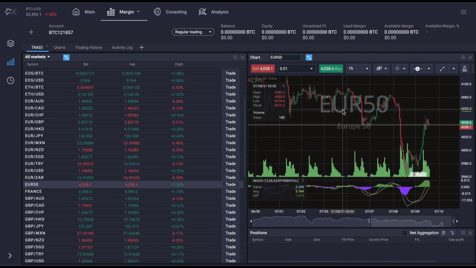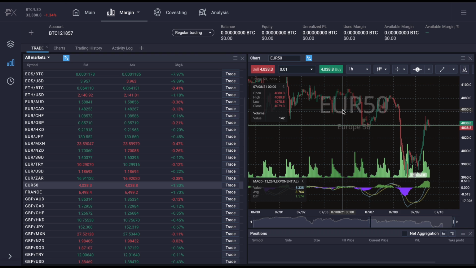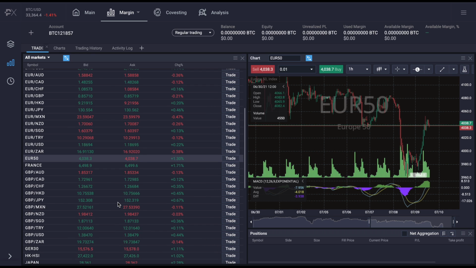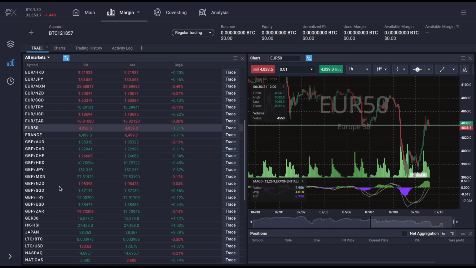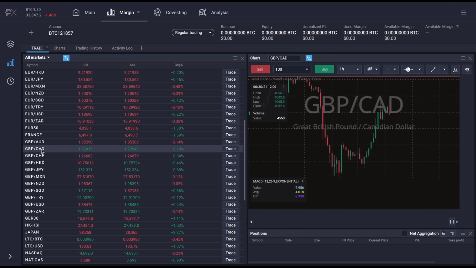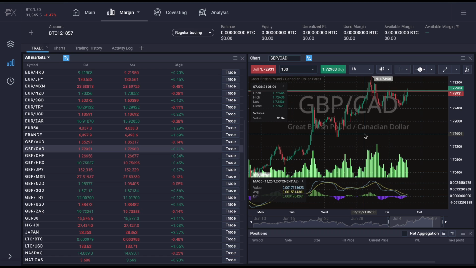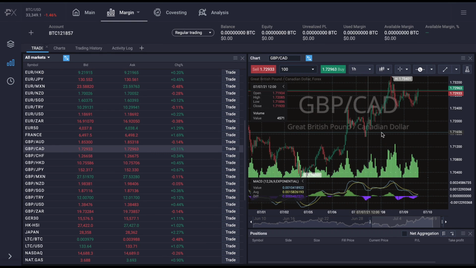Depending on what you want to trade, each market comes with varying levels of volatility. Obviously, crypto has the most volatile markets known to mankind. And if you're more of a forex trader, then you could stick to just forex pairs, whether it's GBP USD or GBP CAD, whatever it is. This platform has what you need.